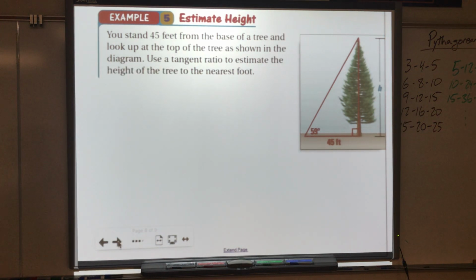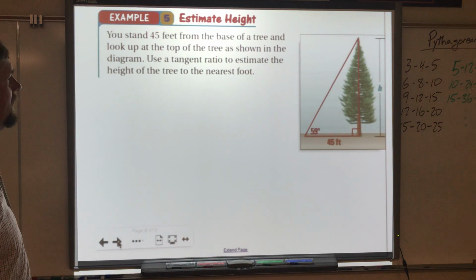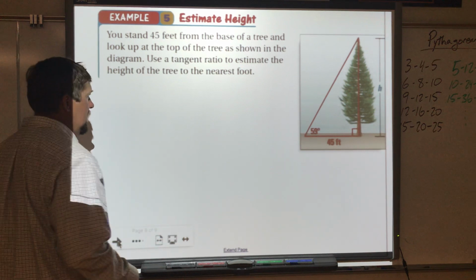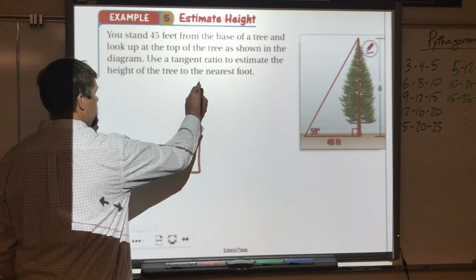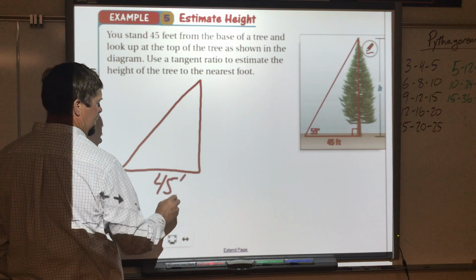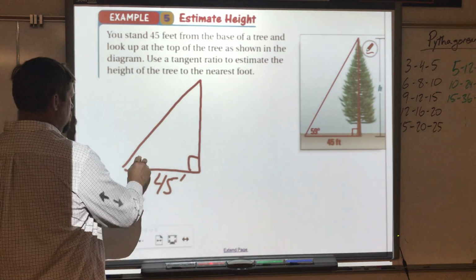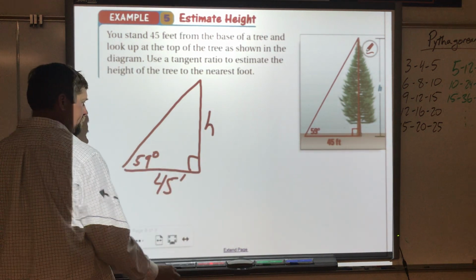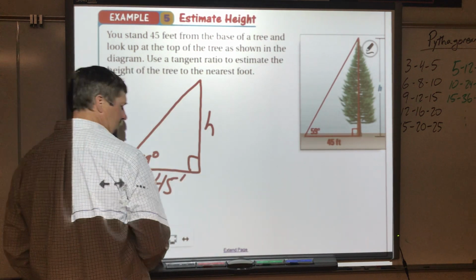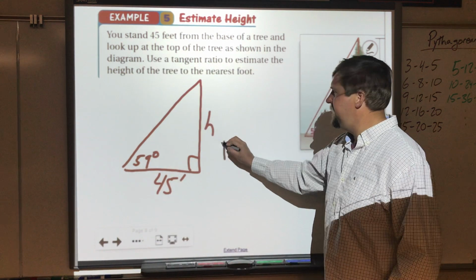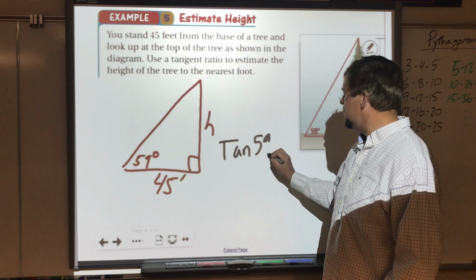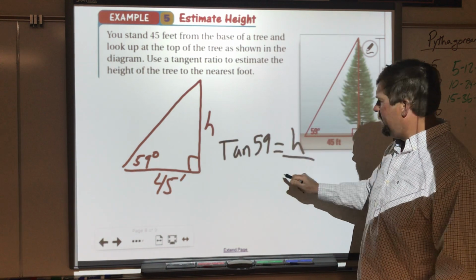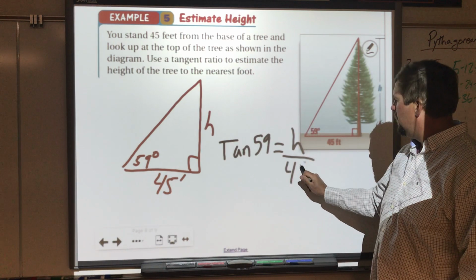You have a 45-foot length from where you're standing to the base of the tree. Okay, so you have a right triangle here, 45 feet. And you know this is a 59-degree angle, and you want to find the height of the tree. Well, I would say then that the tangent of 59 is equal to opposite over adjacent.